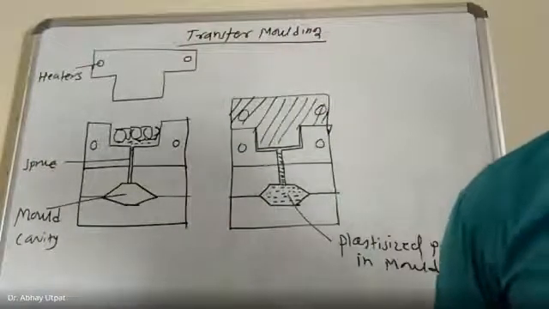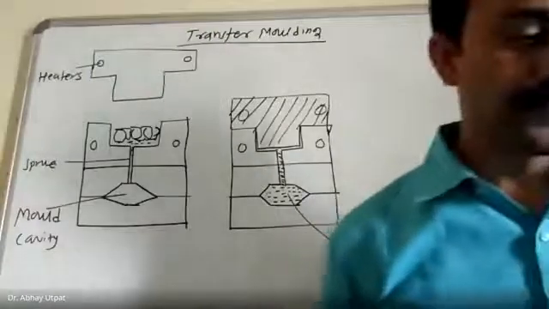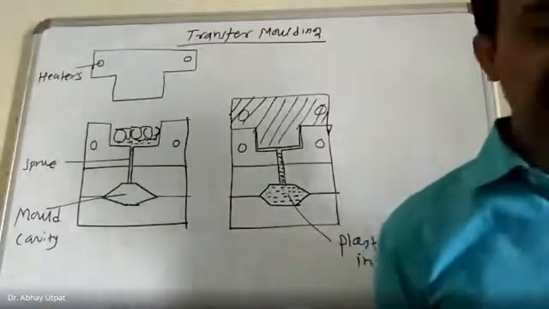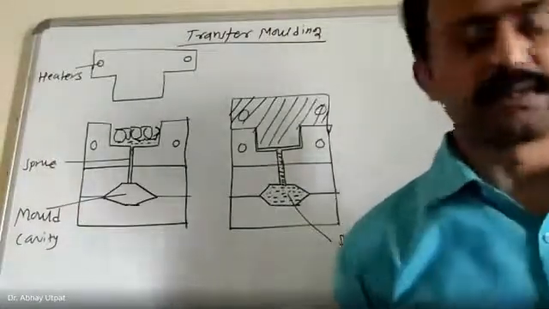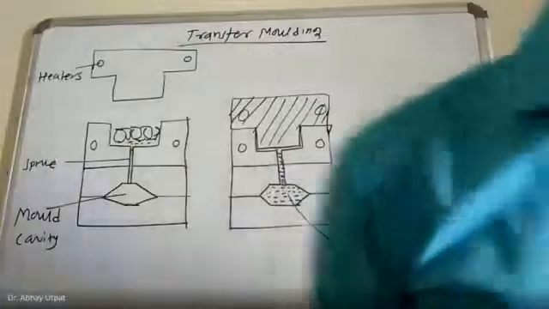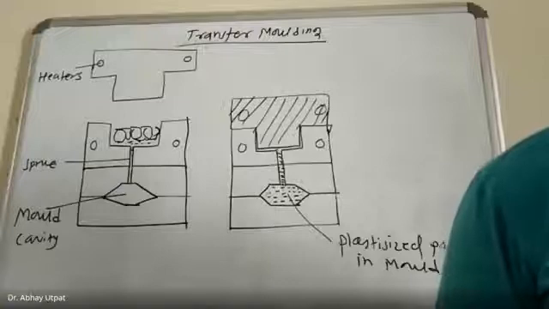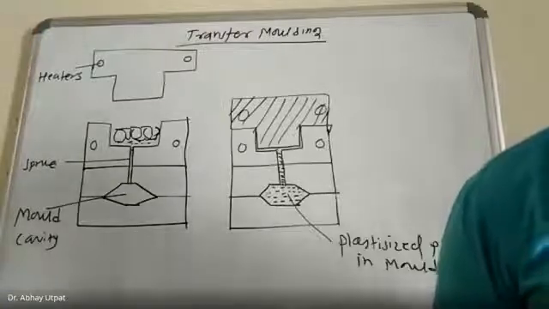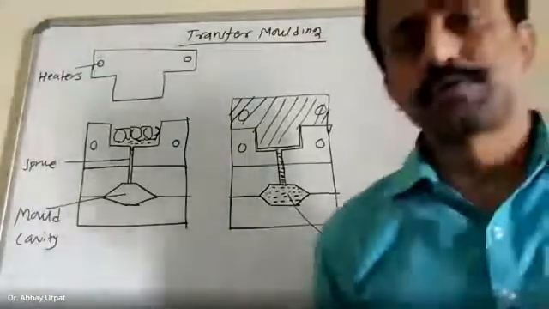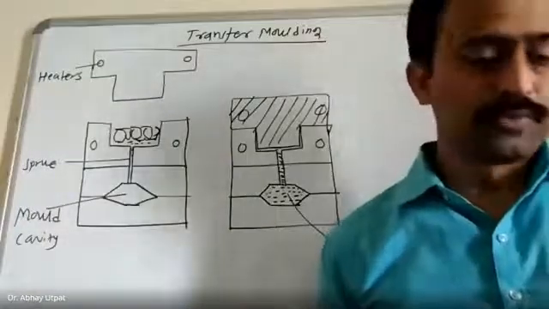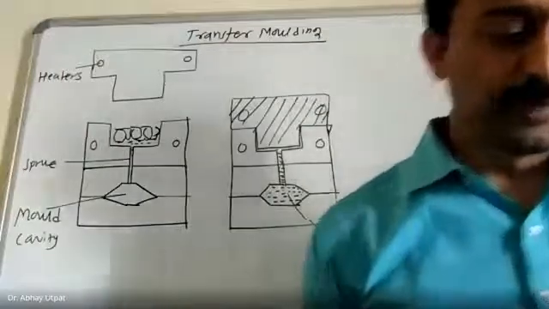You can write the statement: a plunger pushes the plasticized plastic or semi-solid plastic into the closed mold through the sprue with pressure.